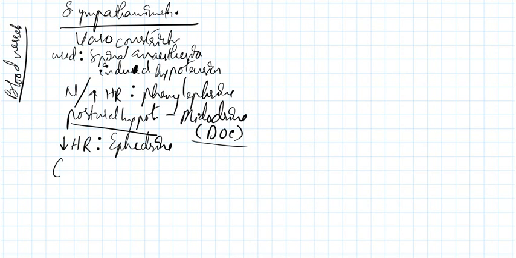For cardiogenic shock or septic shock, the drug of choice is very, very important. Cardiogenic shock, septic shock, or neurogenic shock also, the drug of choice is IV norepinephrine. Very, very important.